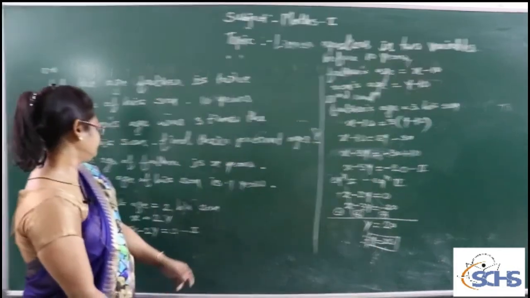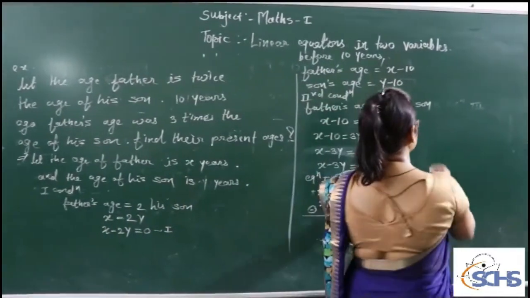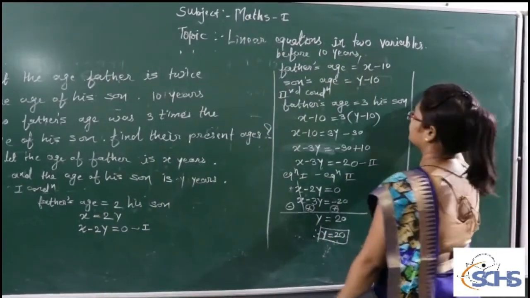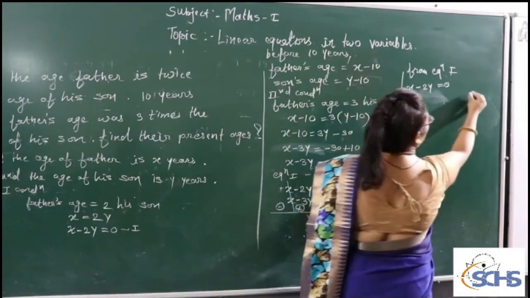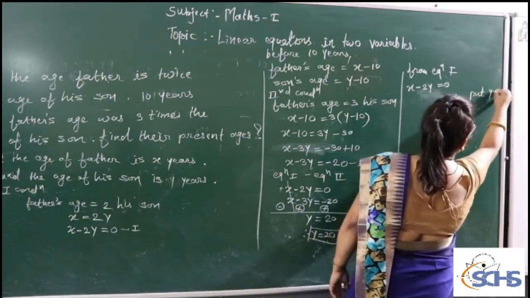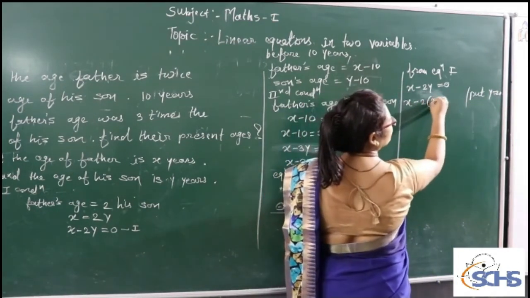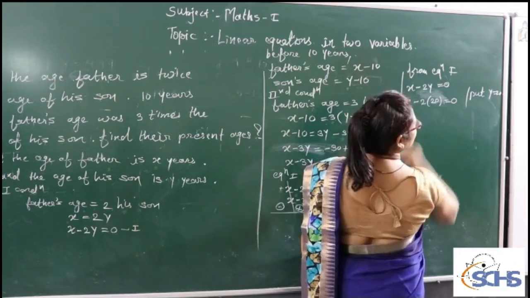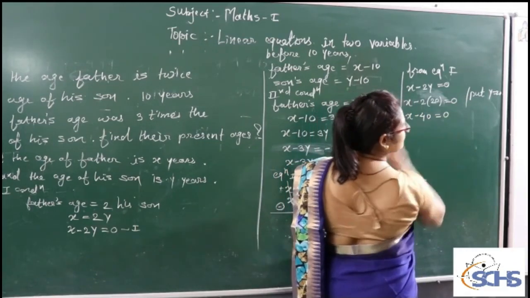And what is y? Y is 20 years. Present age of son is 20 years. Now we have to find out x. Put y equals to 20. x minus 2 into 20 equals to 0. x minus 40 equals to 0.